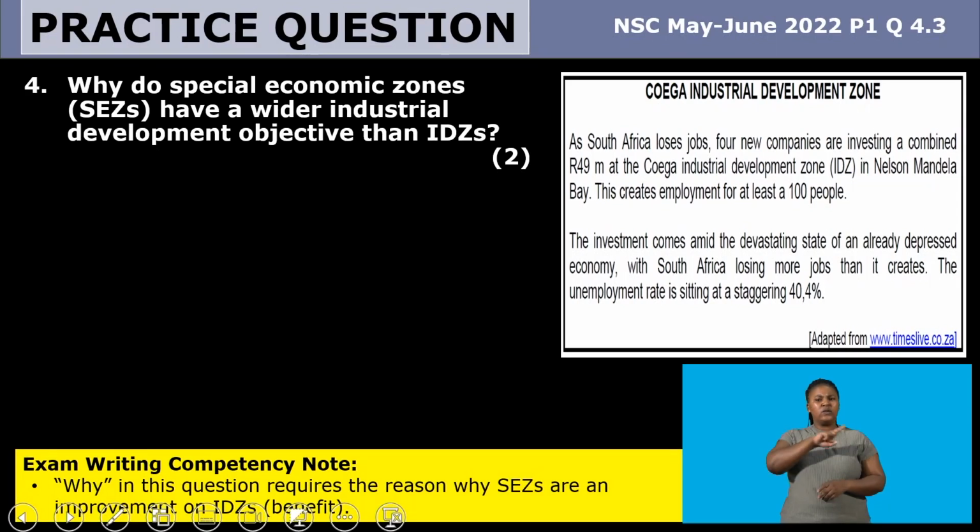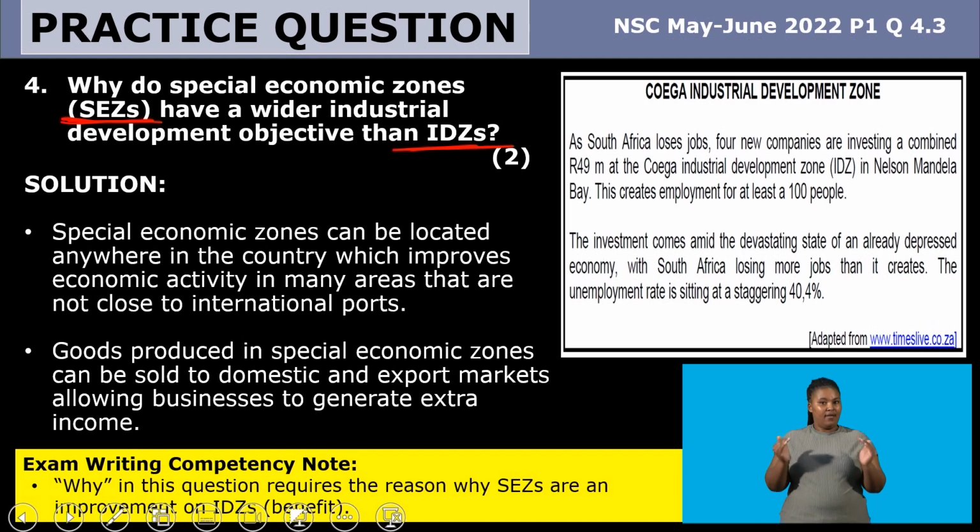Why do special economic zones have a wider industrial development objective than IDZs? So it's a comparison of the special economic zone and the IDZ. So this calls for your understanding of both the initiatives, both the SEZ as well as the IDZ. Then you compare.